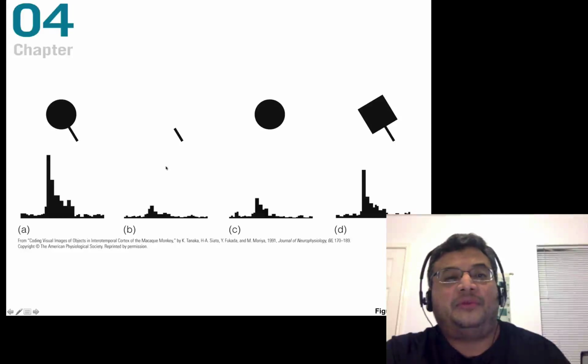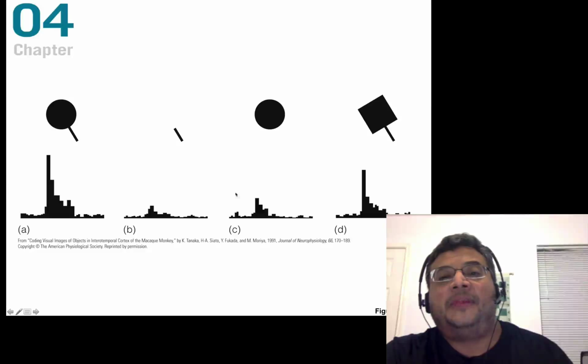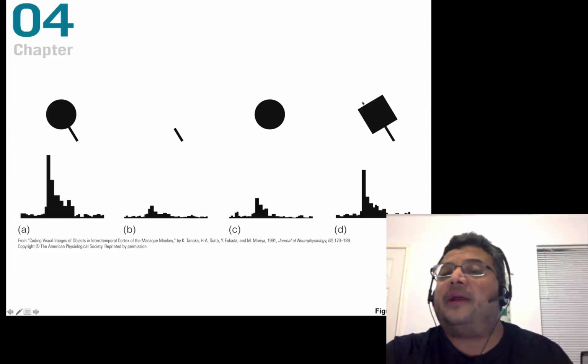After we measure this, we find this neuron fires very powerfully to this circle attached to the stick. This particular neuron does not fire very strongly to this stick. It fires a little strongly to the paddle by itself without the stick, and it fires fairly strongly to a square paddle attached to a stick.